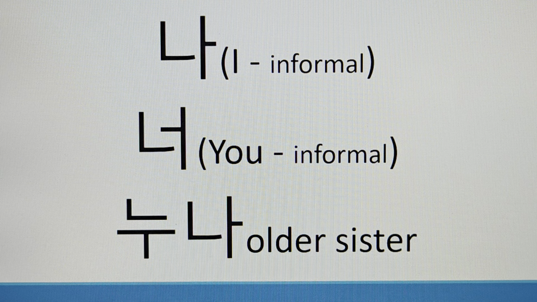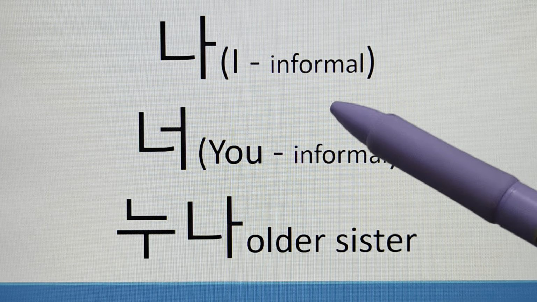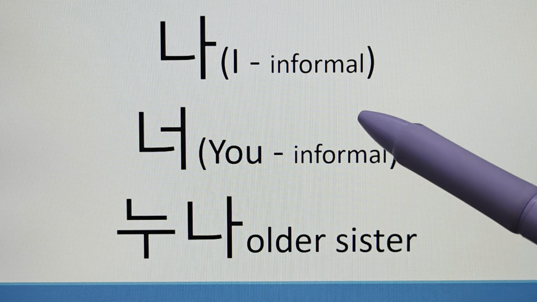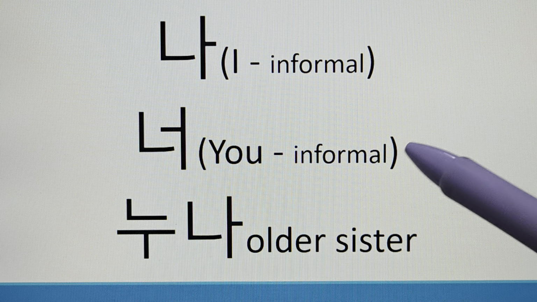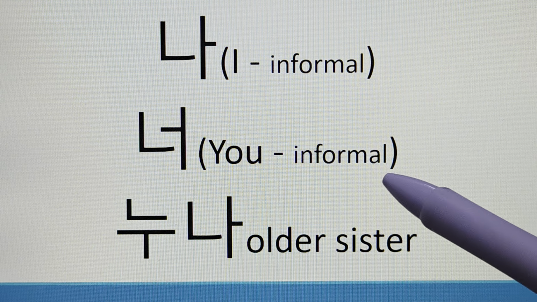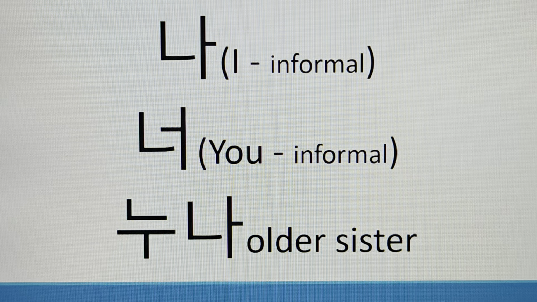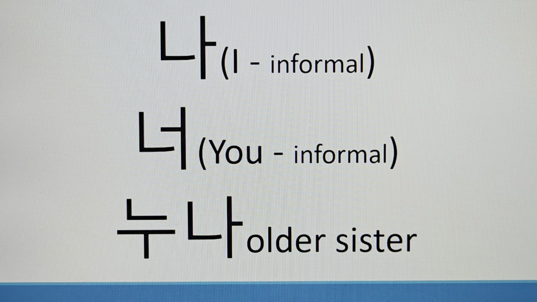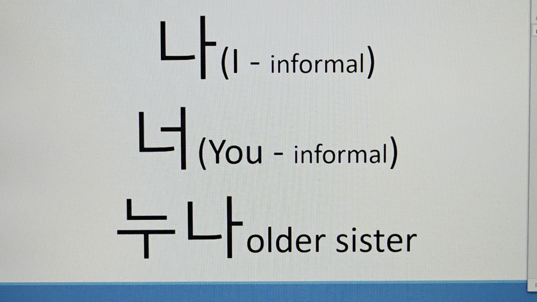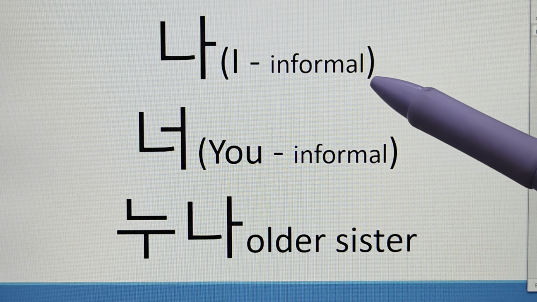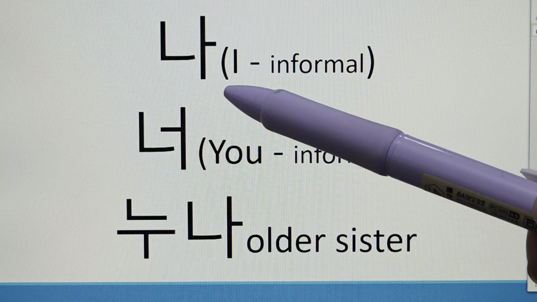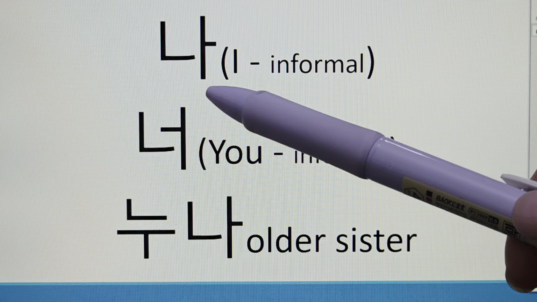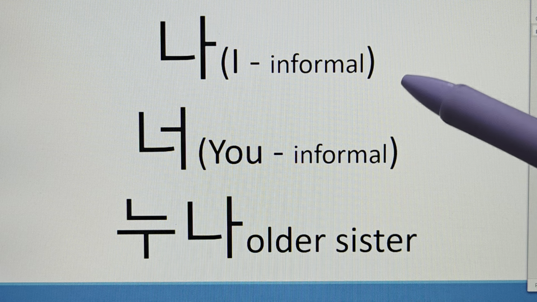You cannot simply call an older person 너, because that's too casual and can sound rude. So the word 너 is only used for someone who's your age or younger. And also 나 is informal. So when you talk to someone older than you, you cannot say 나 because it's informal.